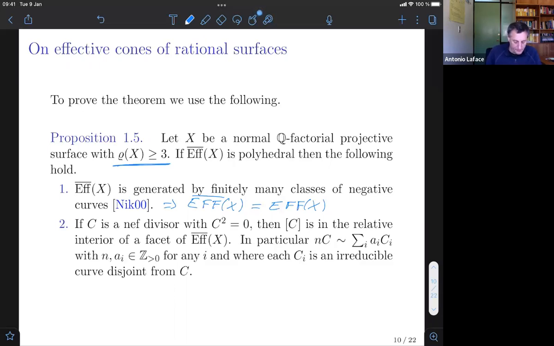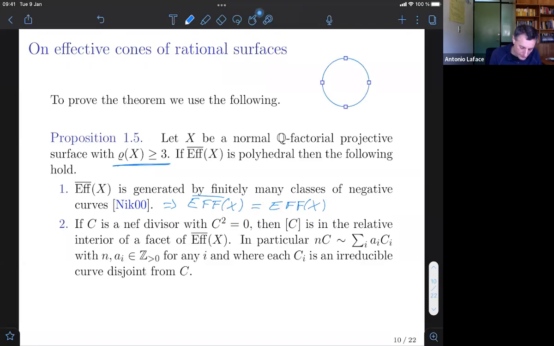And the second observation is that if C is a nef divisor of self-intersection 0, then C orthogonal is in the relative interior of a facet of the pseudo-effective cone. Well, the reason for this is quite easy.